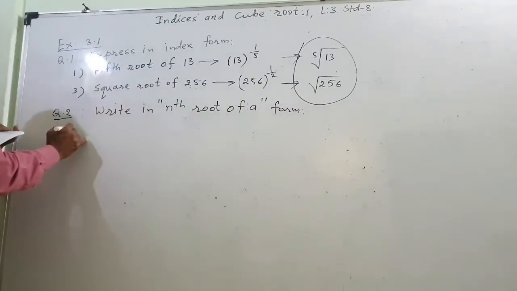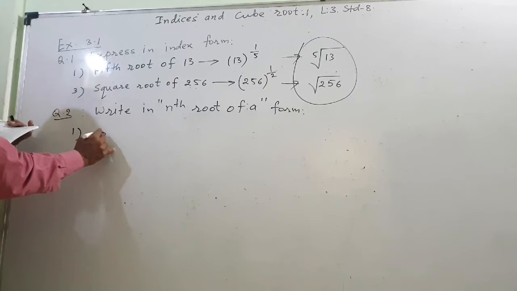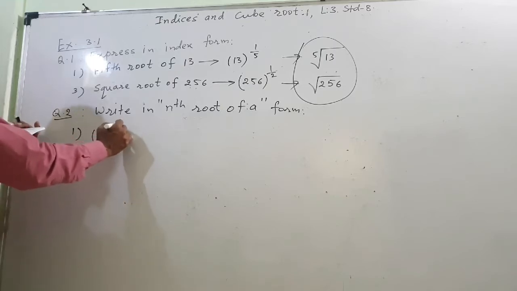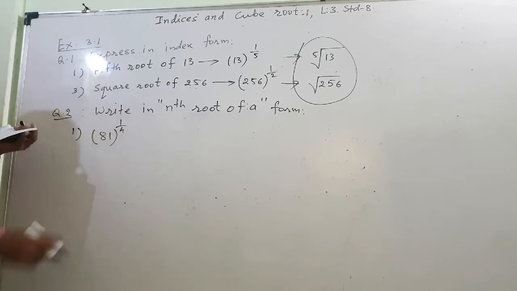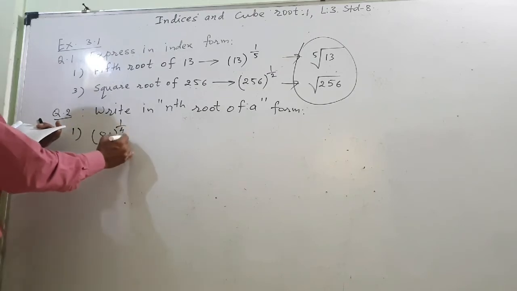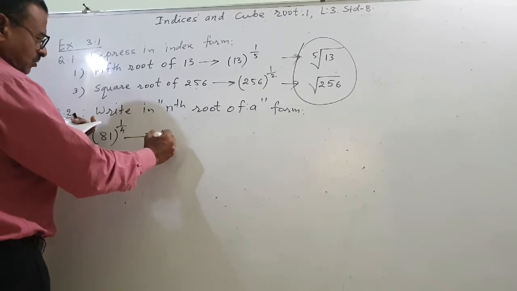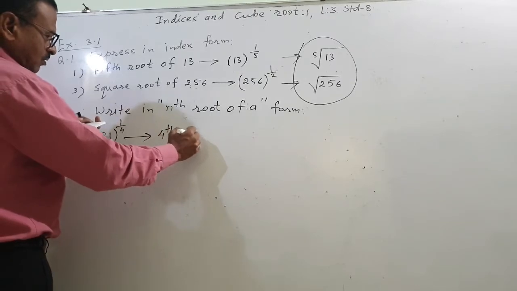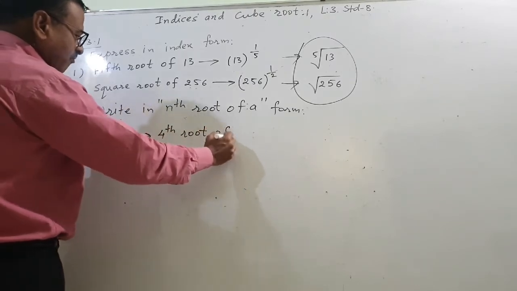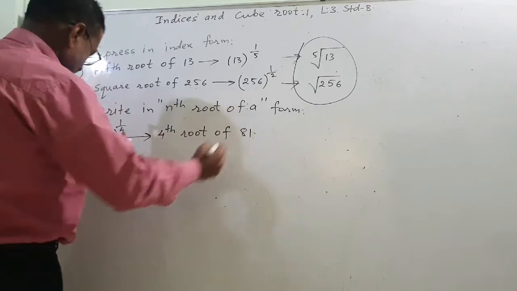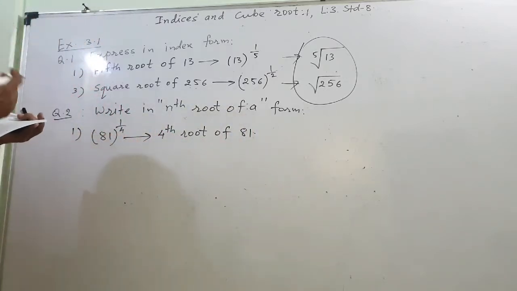Now the first one is 81 raised to 1 upon 4. This is the fourth root of 81. So I will write this as fourth root of 81. So remaining this way you can solve all this.